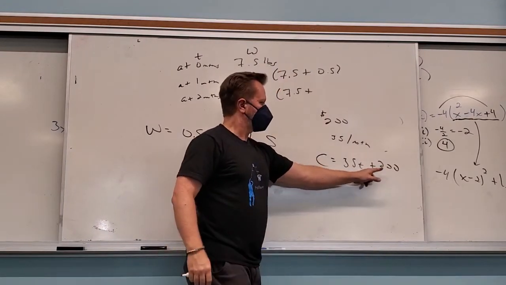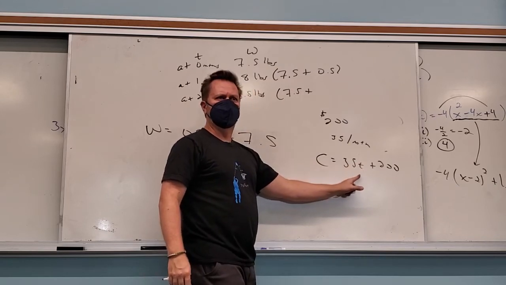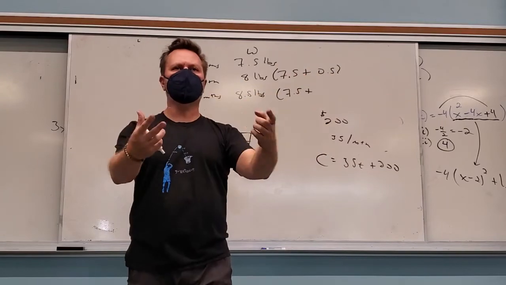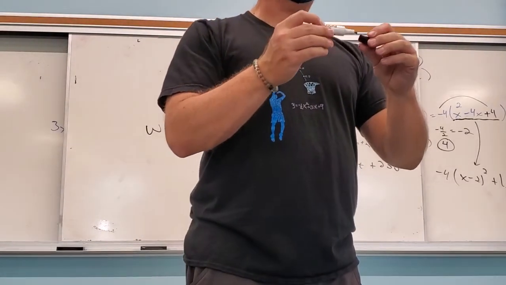You start at 200 and you add $35 every month. So those kind of problems, they give you b. They give you m. You just have to recognize that's what they are.